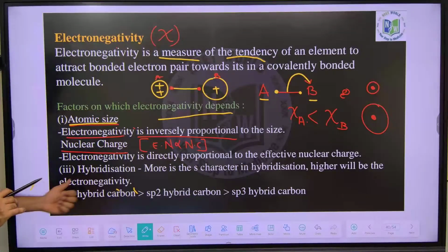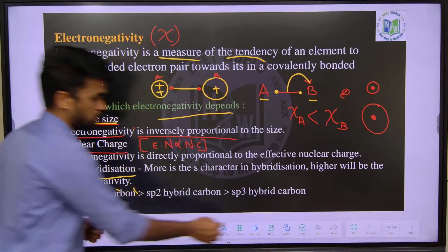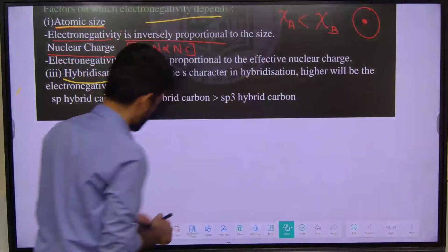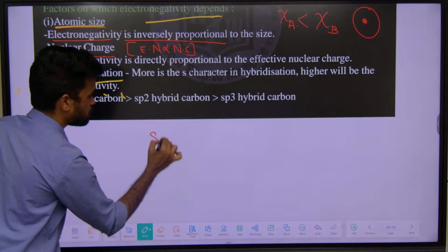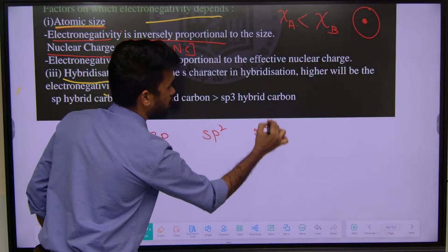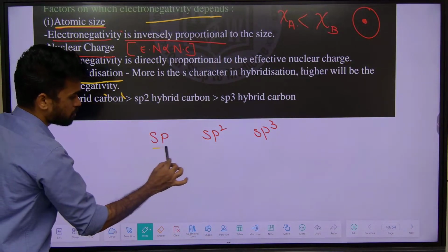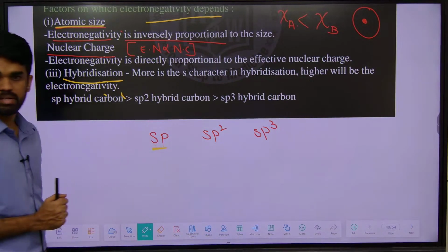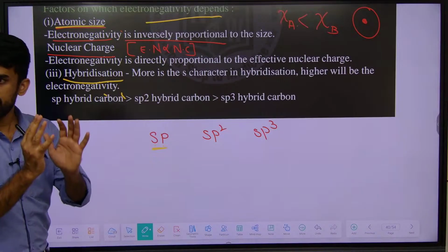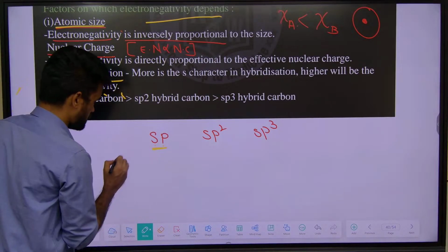Next, hybridization. What types of hybridization do we know? We are much familiar with sp, sp2, sp3, sp3d and so on. How many orbitals are there in sp? 2, so 50% is the s character.